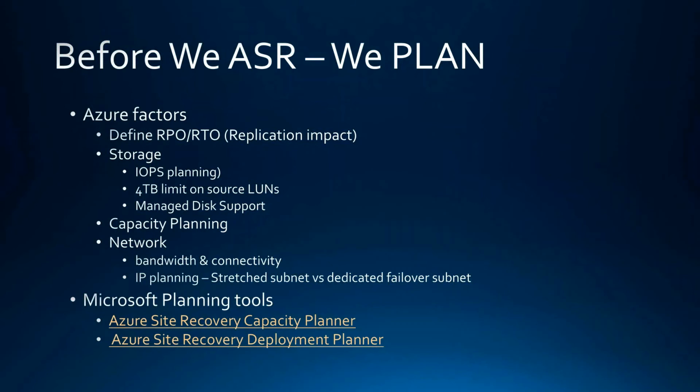In terms of capacity planning, there's a lot of documentation, and Microsoft has given us some planning tools. So I have listed the two, which is the Azure Site Recovery Capacity Planner and the Deployment Planner, as links in this presentation.